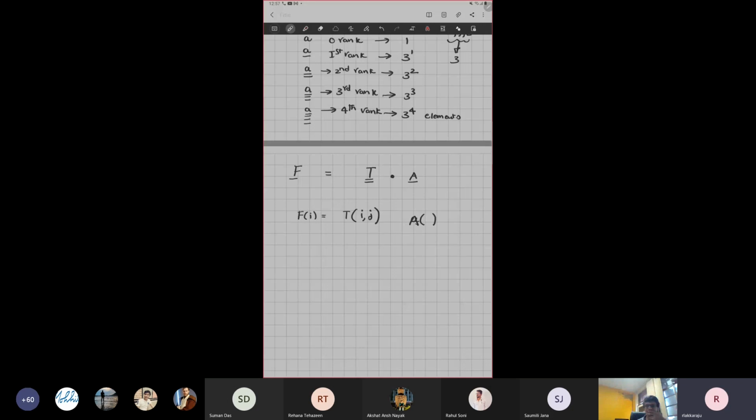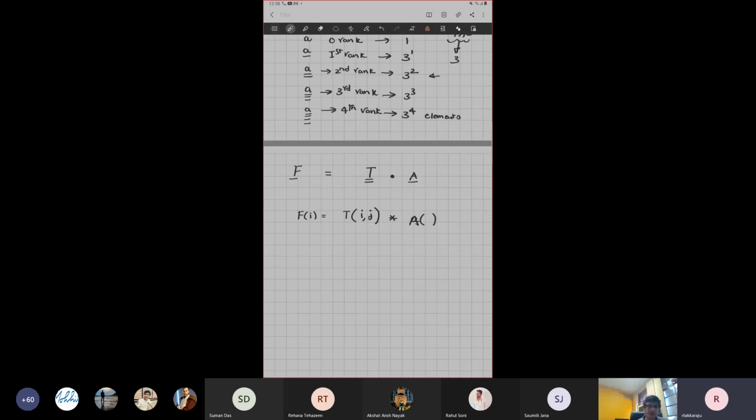How many components will you have? 9 components. Tij describes it, right? Yes, sir. Wonderful. Now I would like to introduce star. It's just ordinary multiplication. I want to have a product.